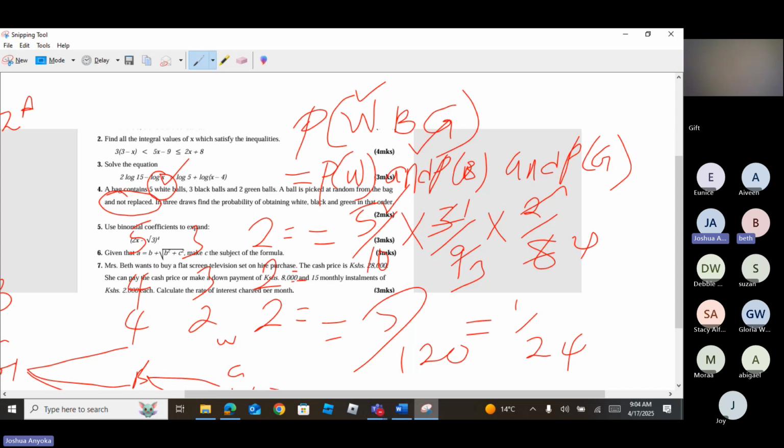A tetrahedron has its faces labeled 2, 4, 6, and 8.